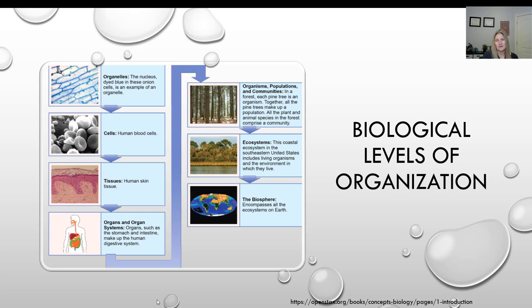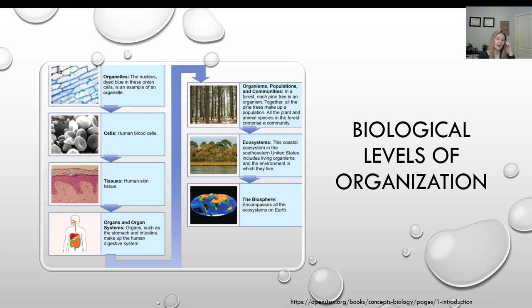So here's just kind of an example of the flow of biological levels of organization. So I can look at the cell, the smallest fundamental unit of life, such as our human blood cells, or maybe I want to get even more specific and look at individual organelles within that blood cell, okay? Or maybe I want to see how the cells work together to form tissues, such as our human skin tissue.